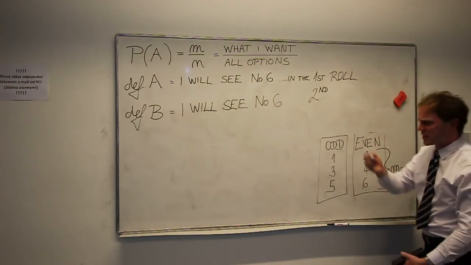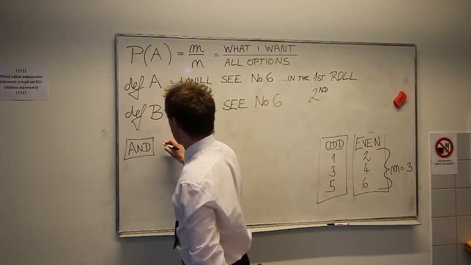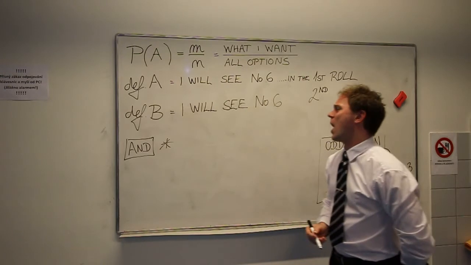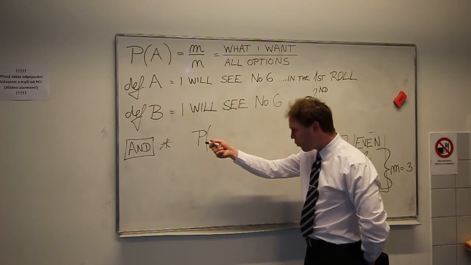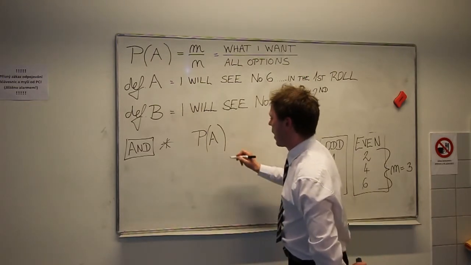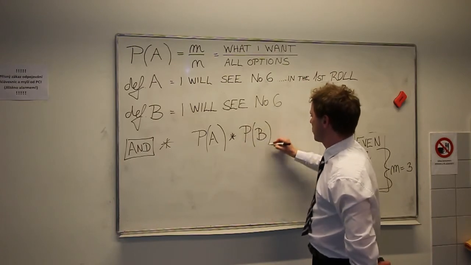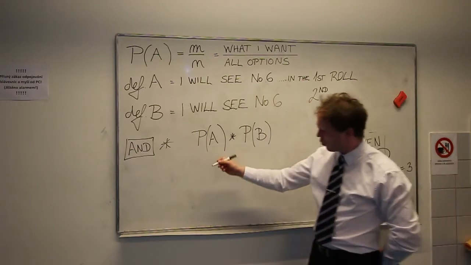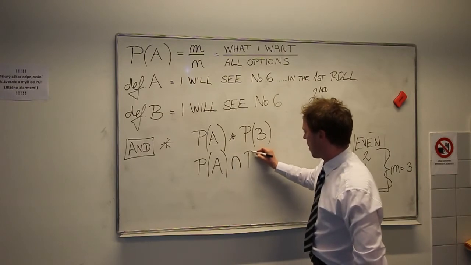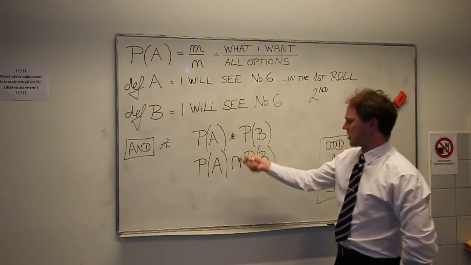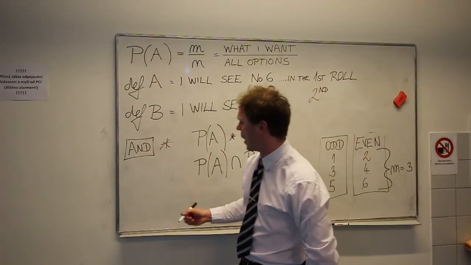And this function is AND. The logical function AND is a multiplication, the star. So it will be necessary to calculate the probability that you will see random event A and the probability that you will see random event B. In your formulas, you have written probability of A and probability of B. This is the same, and the same operator, logical AND, multiplication.